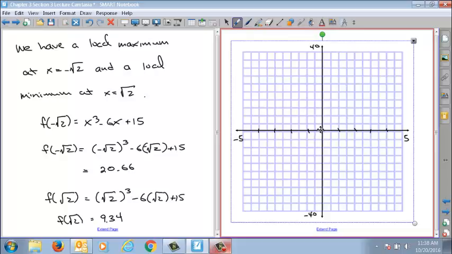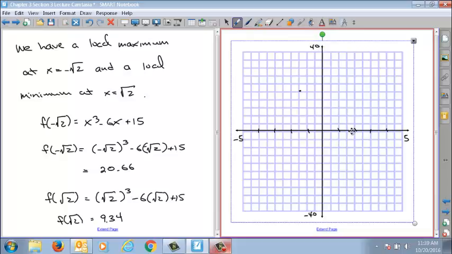So if we plot negative the square root of 2, which is about 1.41, and 20.66, it's going to be here. That's 20, so it's going to be very close to there, slightly less than that, about right there. And then positive square root of 2, 19.34: each unit is 4, because we get 40 total for 10 marks.